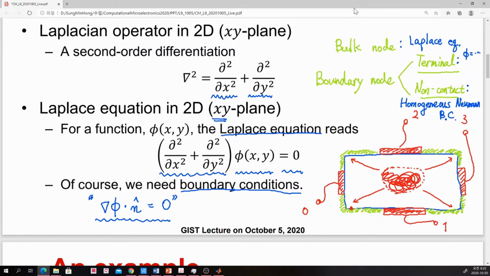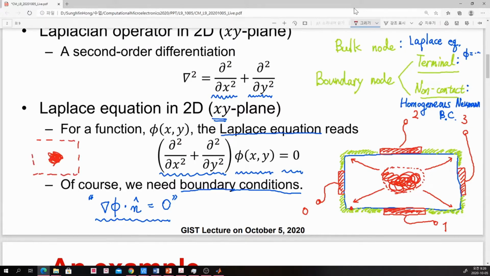So if your events occur at this point, at least you have to set your domain in this way. This is the preferred way to set the domain.